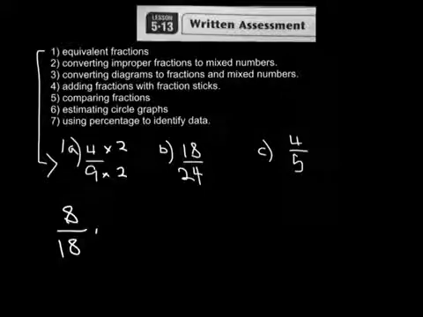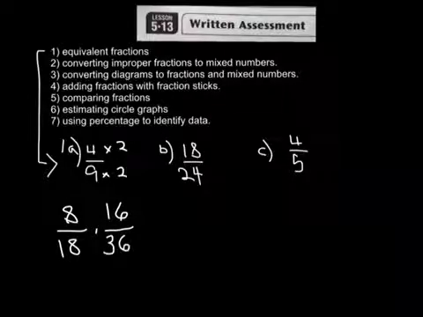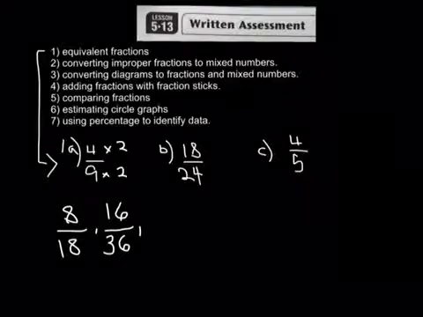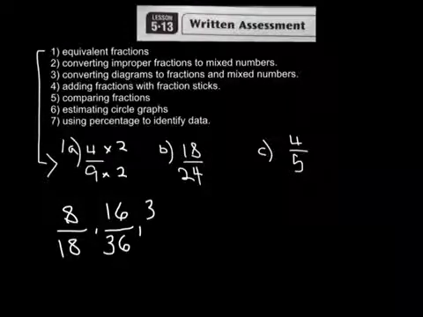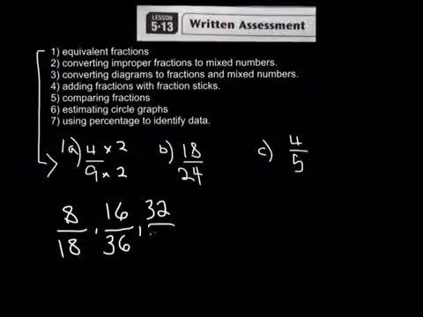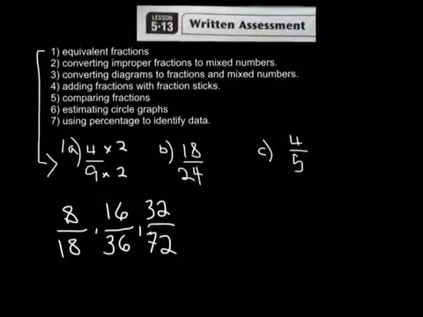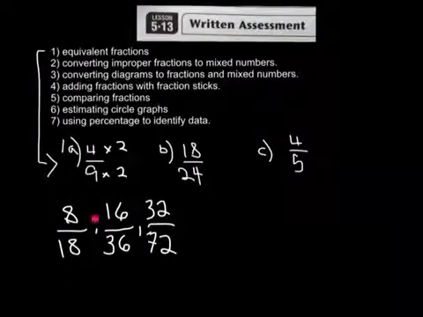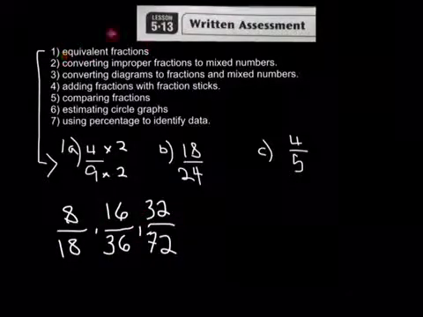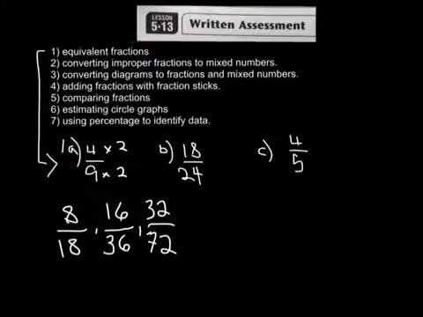I can double that again and have 16 over 36. And I can double that one more time as well and have 32 over 72. And that right there, boys and girls, are 3 equivalent fractions for 4/9.